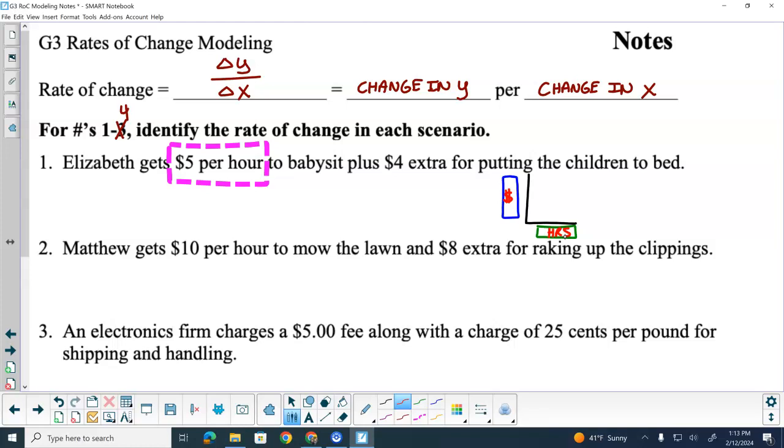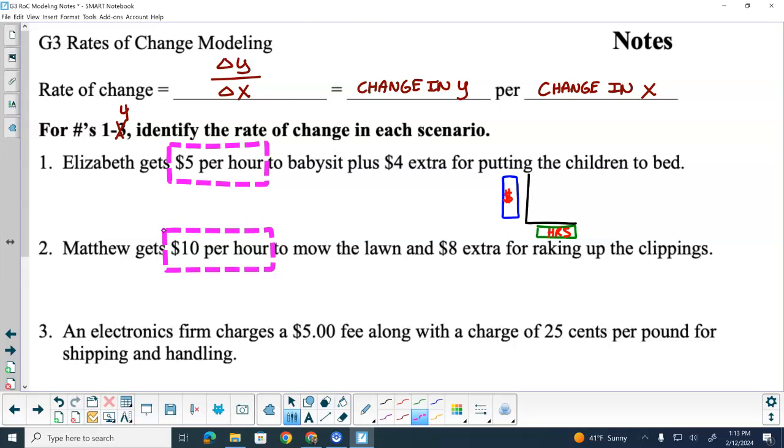In number two, what is the rate of change? $10 per hour. When you're looking in these stories, what are you looking for? The word per, and whatever the unit is in front of it, and whatever unit is behind it.